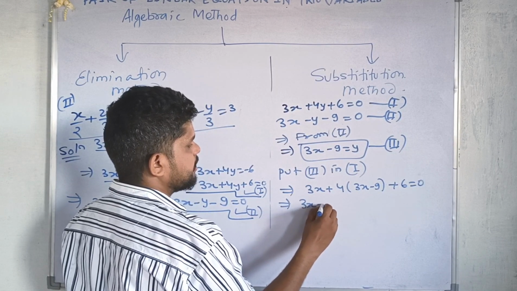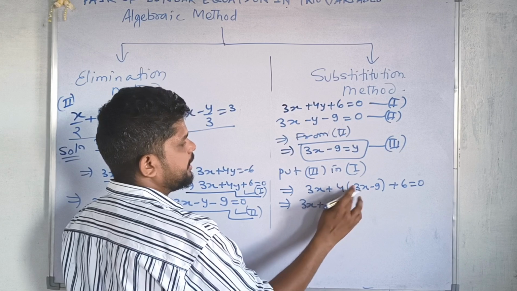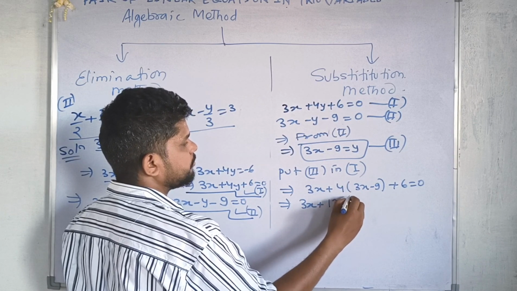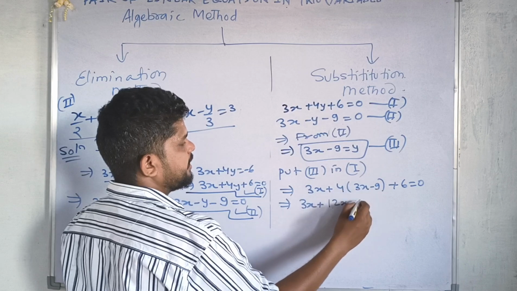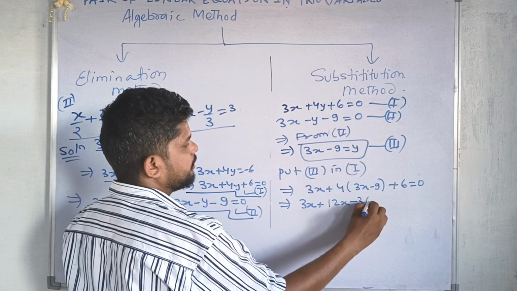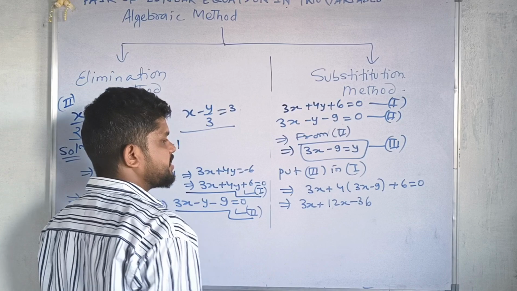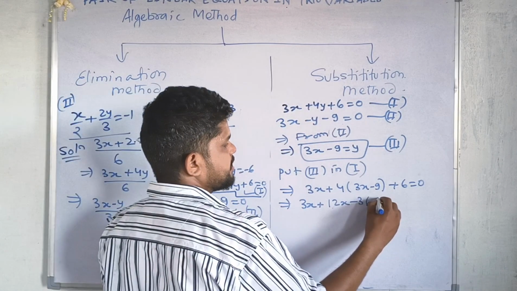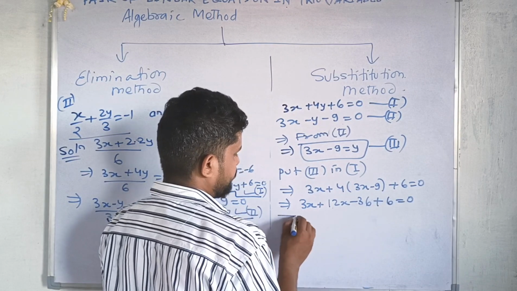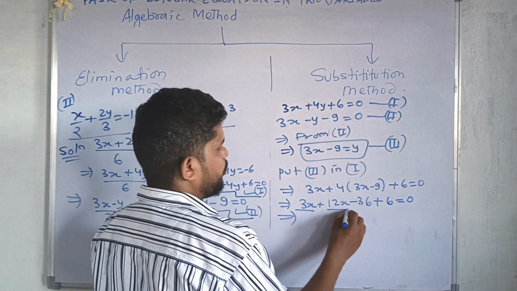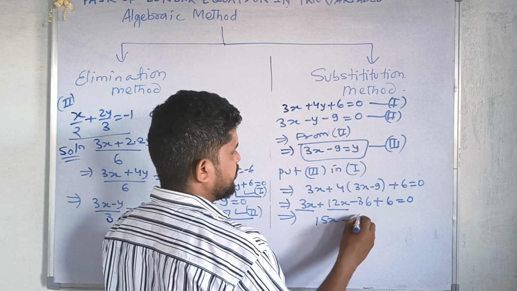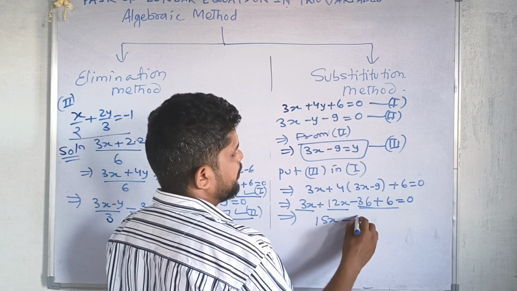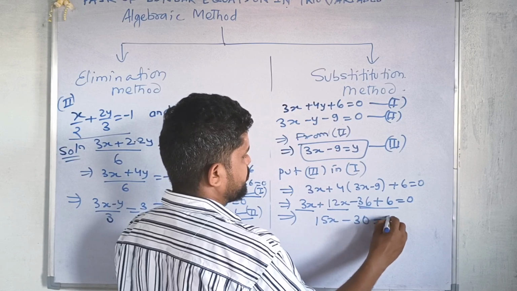Here 3x plus 4 into 3x is 12x, 4 into minus 9 is minus 36, and plus 6, that is equal to 0. 3x plus 12x is 15x. Minus 36 plus 6 is minus 30, which is equal to 0.